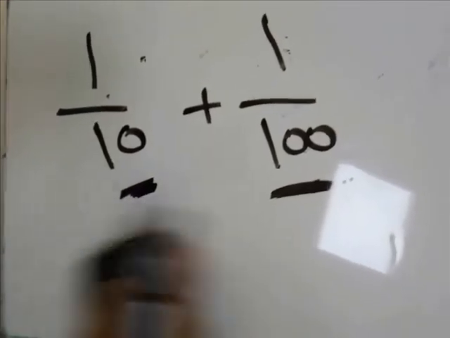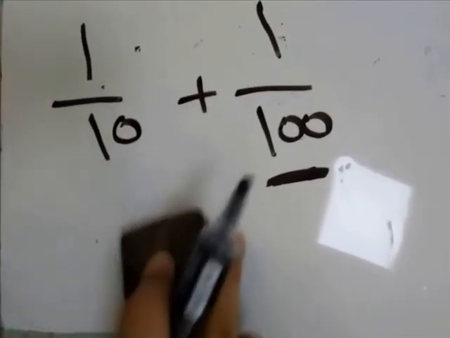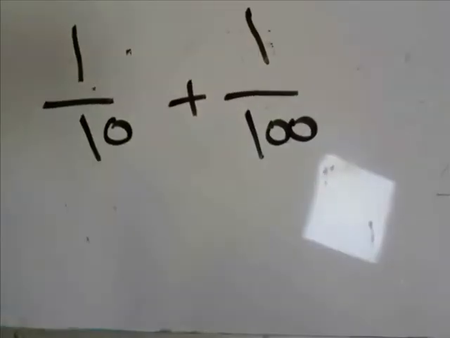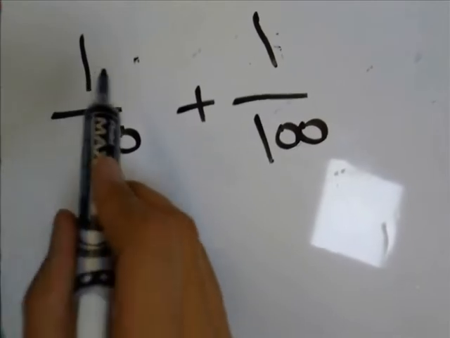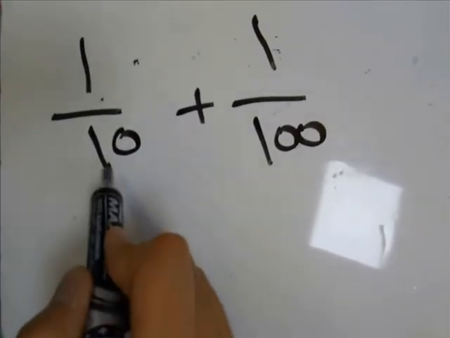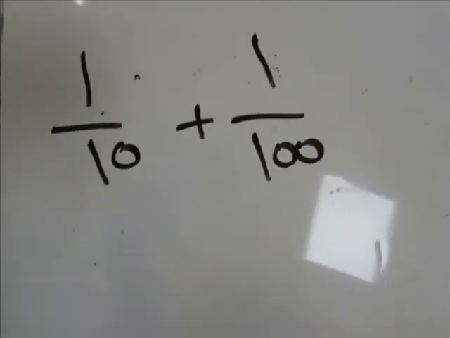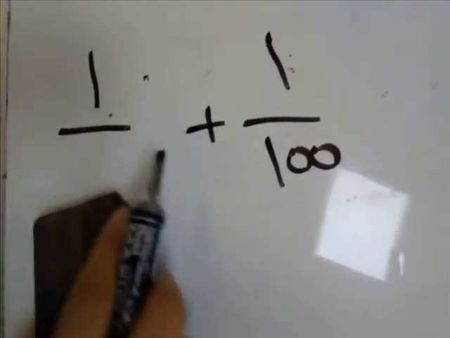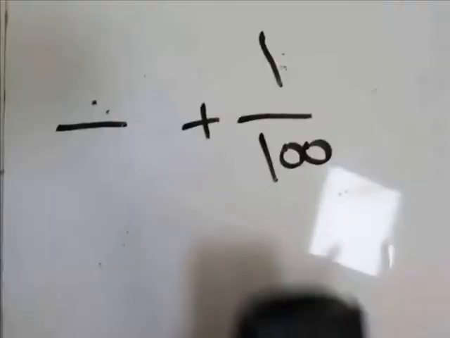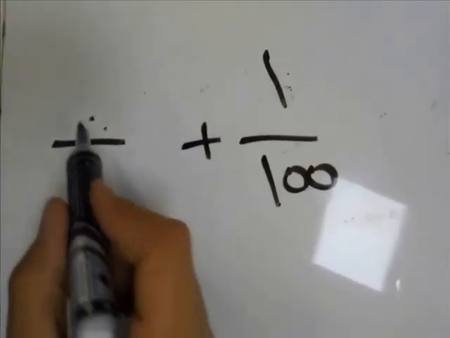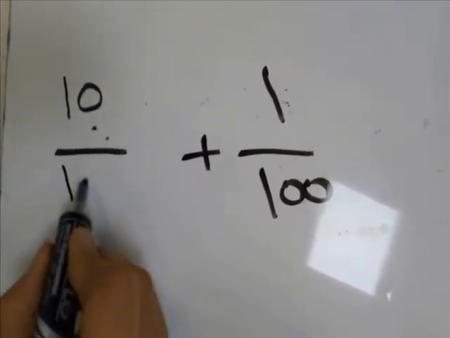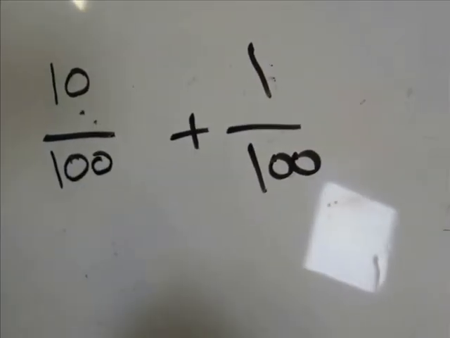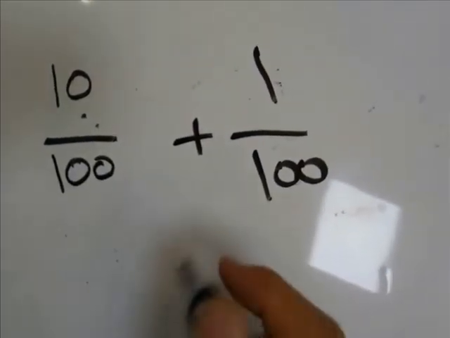Now, let's start by answering this. How do we solve this kind of question? I have 1 over 10. We will change this completely: 1 over 10 will be 10 over 100.